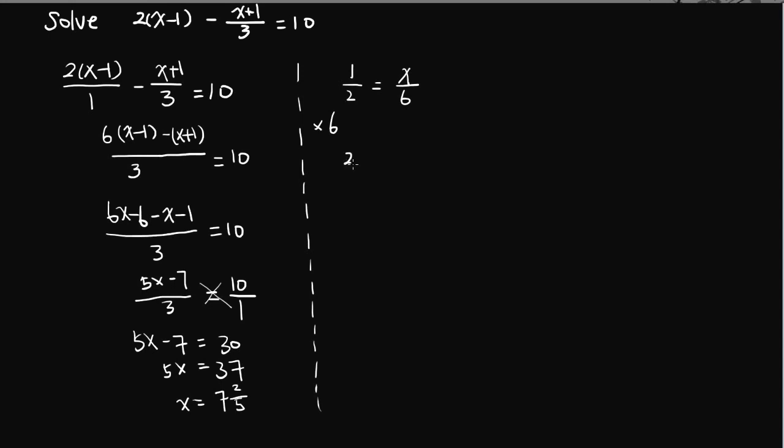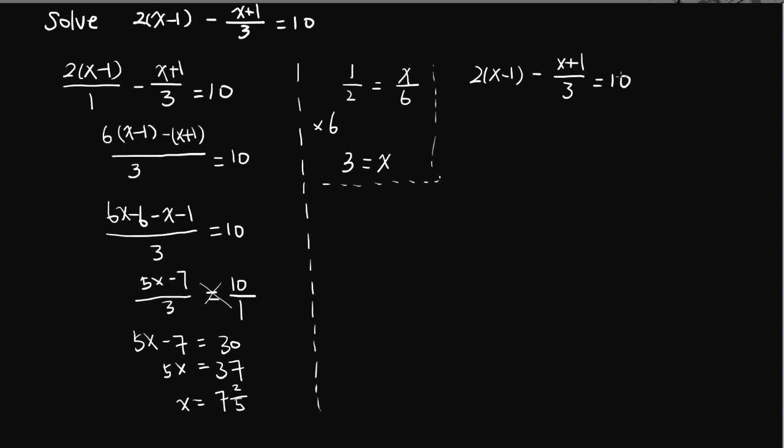So you have 3 = x, and you already get rid of the fraction. This is what we want to apply in my second approach: multiply by the same number on both sides of the equation to get rid of the fraction.